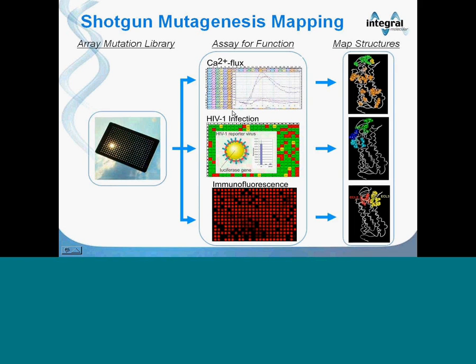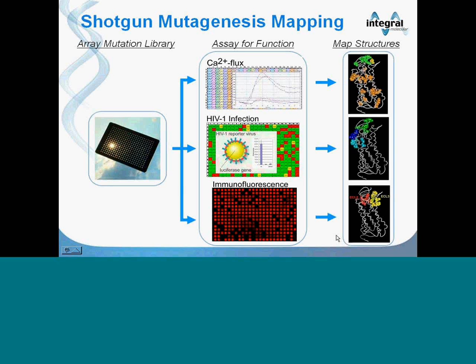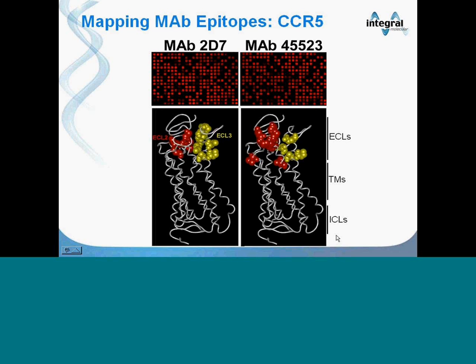One of the critical residues for both antibodies was E172. To further analyze the importance of this residue in the antibody CCR5 interaction, E172 was mutated to nearly all of the other possible amino acids. So CCR5 containing the different E172 point mutations was tested for binding to both 2D7 and 45523.